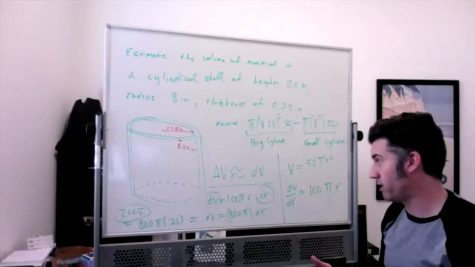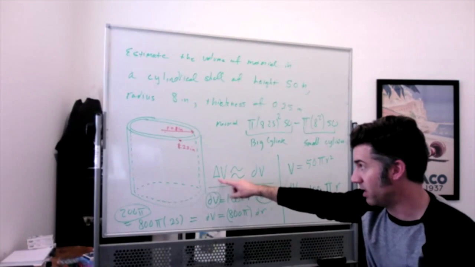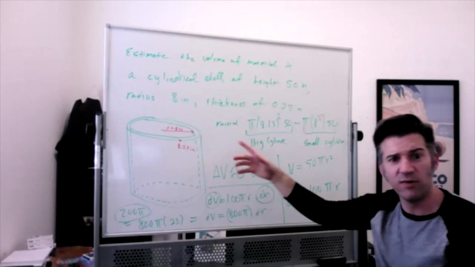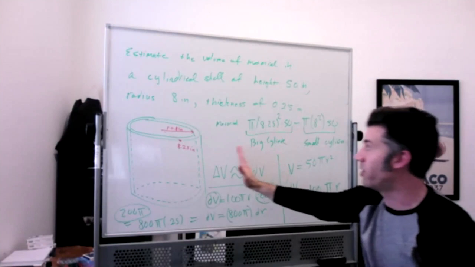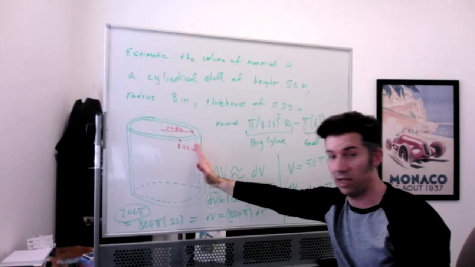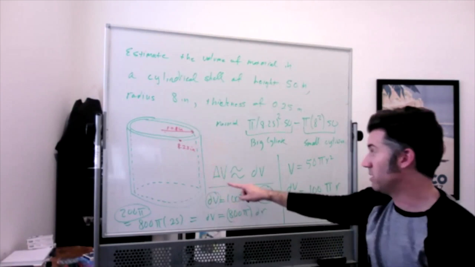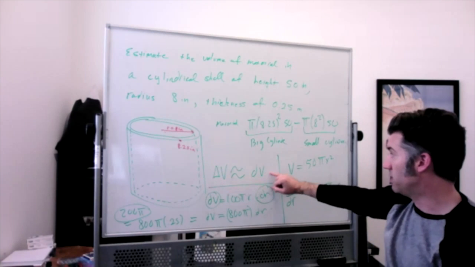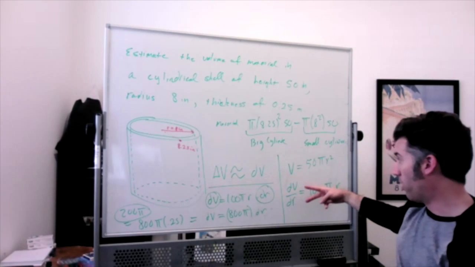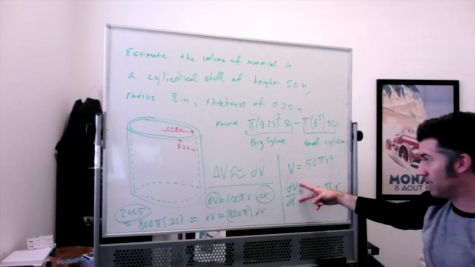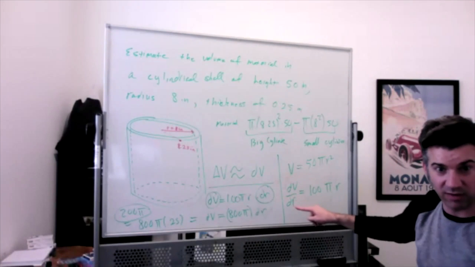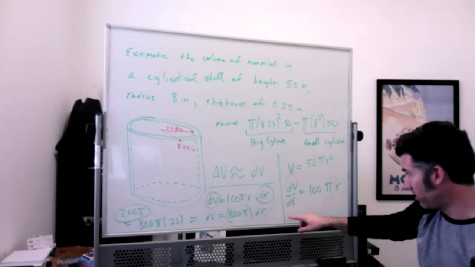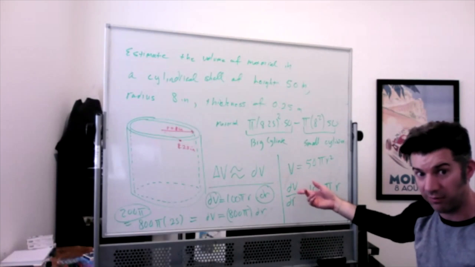But what I really want to point out is that you can estimate a change in volume. I'm viewing this as the change of volume when the radius goes from 8 inches to 8.25 inches. You can estimate a change in volume by the differential, where the differential is just the top part of the derivative. I know it's not a fraction, but we treat it like a fraction.